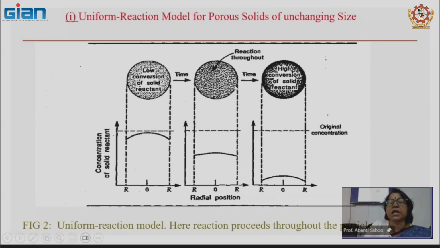As a result, the reaction also takes place uniformly and the concentration decreases gradually. Finally the concentration reduces, and it will be just an ash layer or something that remains at the end. The reaction proceeds uniformly throughout the particle, because the gaseous reactant fills the pores of the solid particles.